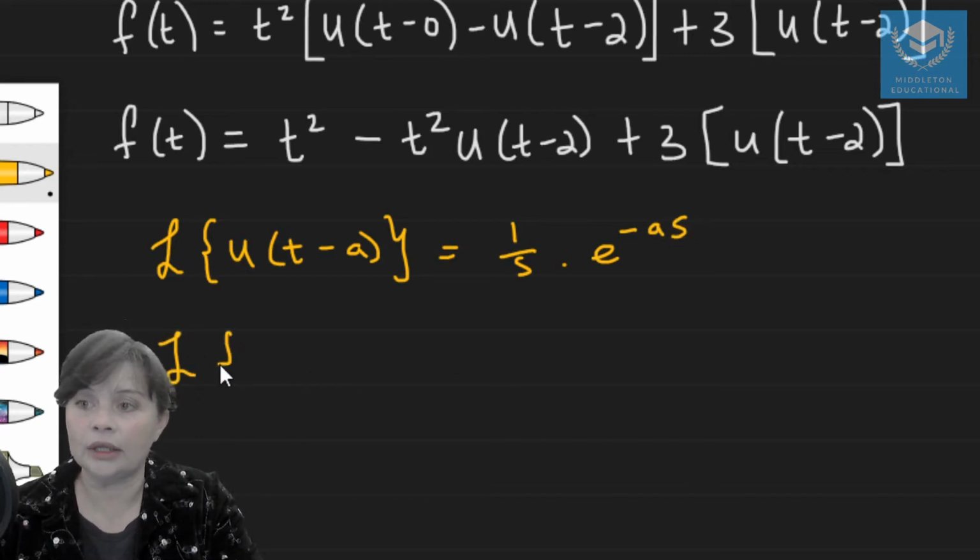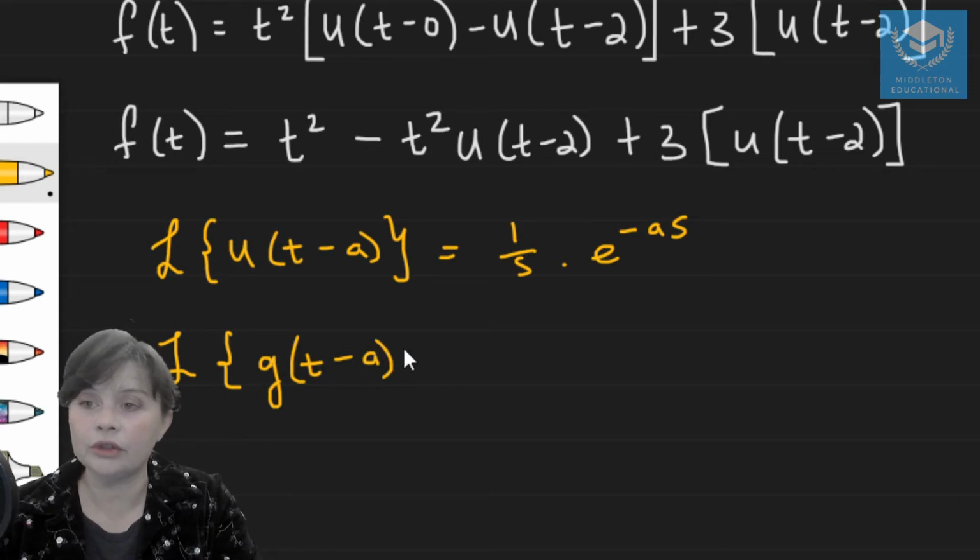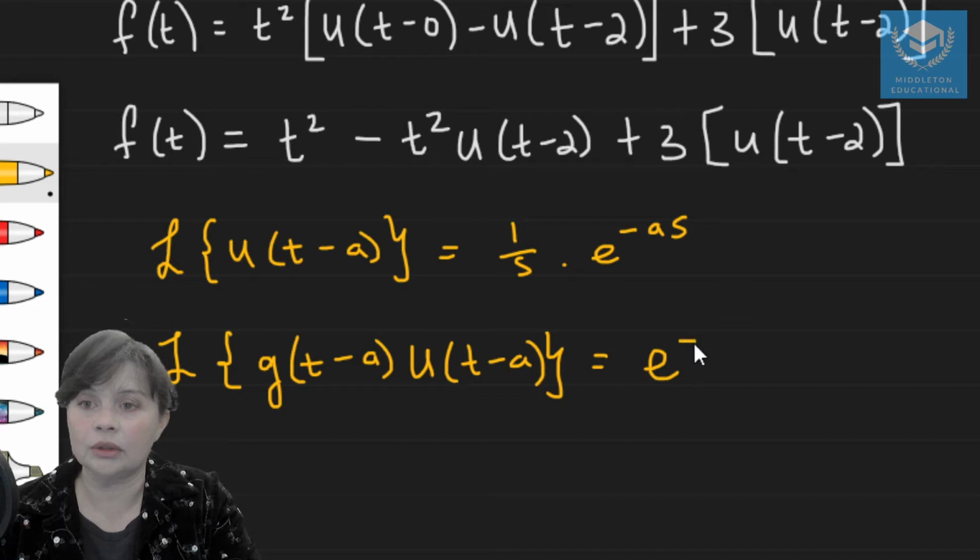And the second one, which is your second shifting theorem, I'm going to use the letter g of t minus a so that we don't confuse this function with f of t. And that's going to be equal to e to the minus as times the transform of g of t.